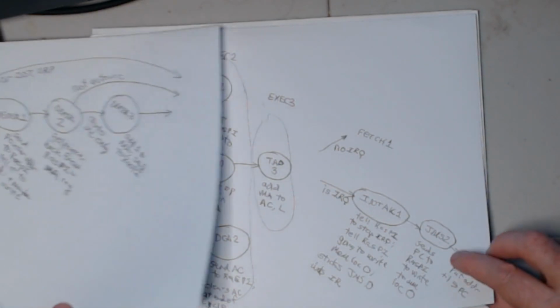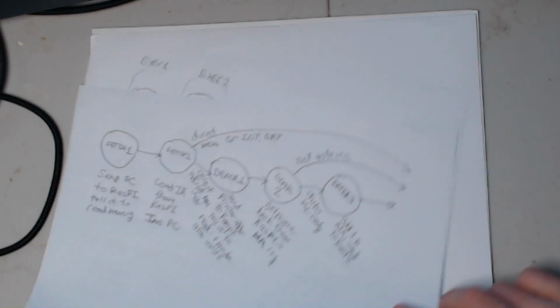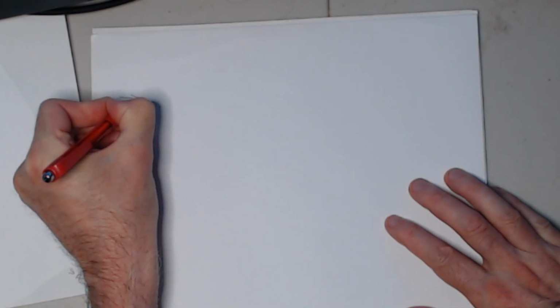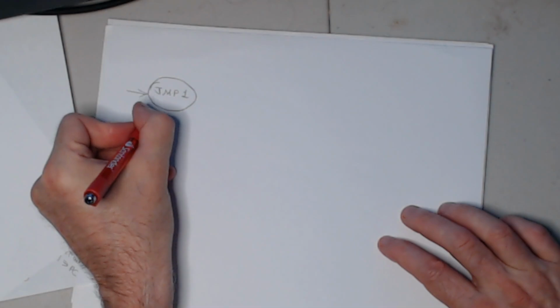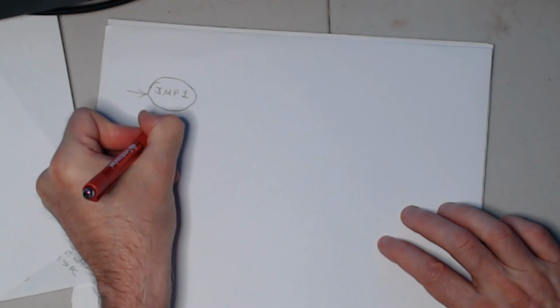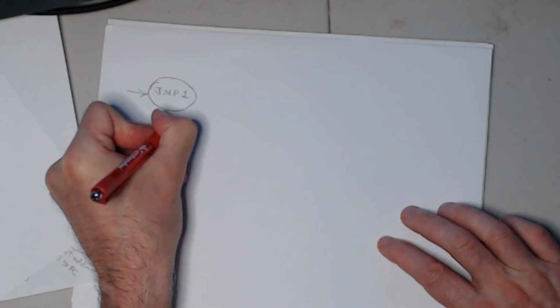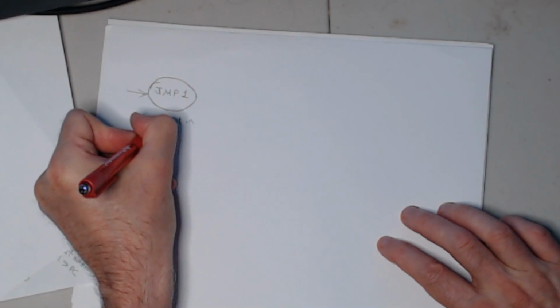Now there's another little optimization here that this thing does. Okay, so let's do the jump instruction. We didn't do that on the other page. We'll do it now. Jump 1. Now all the jump instruction has to do is take whatever's in the memory address register and put it in the program counter.